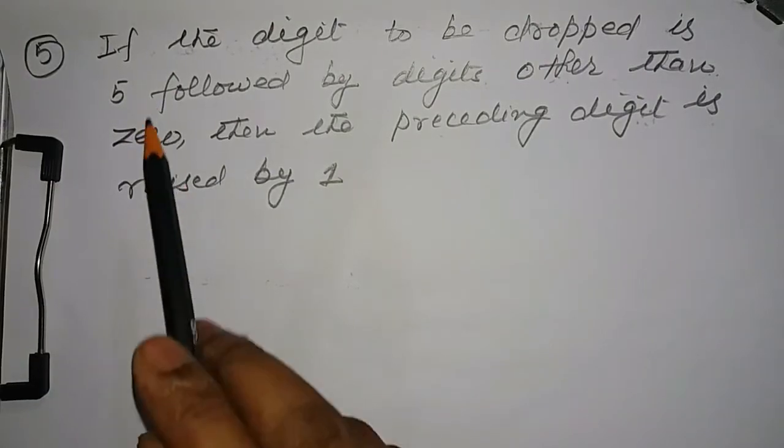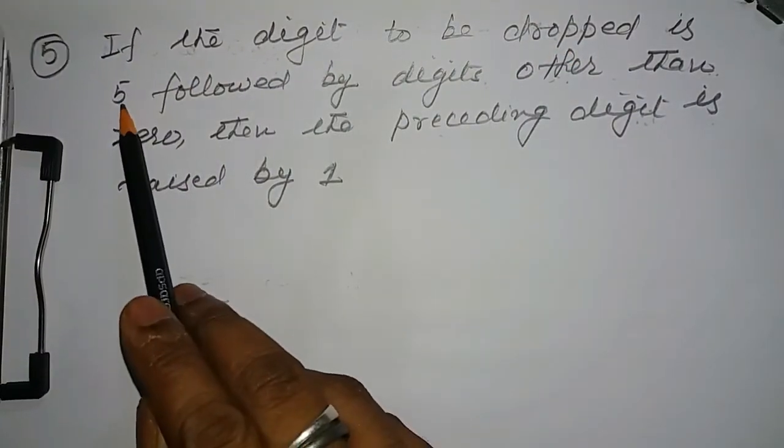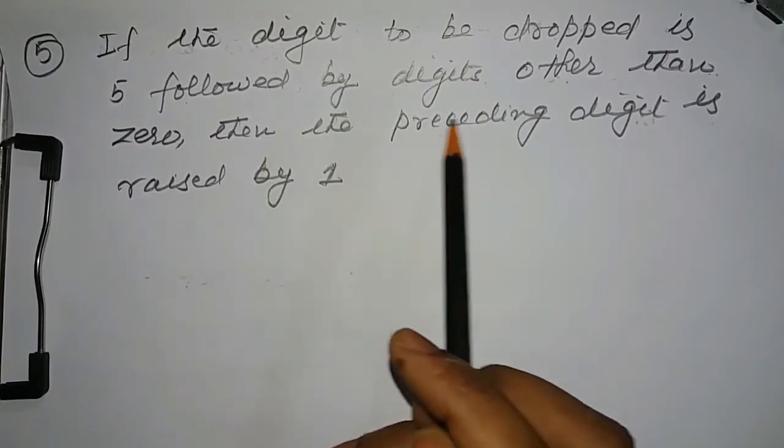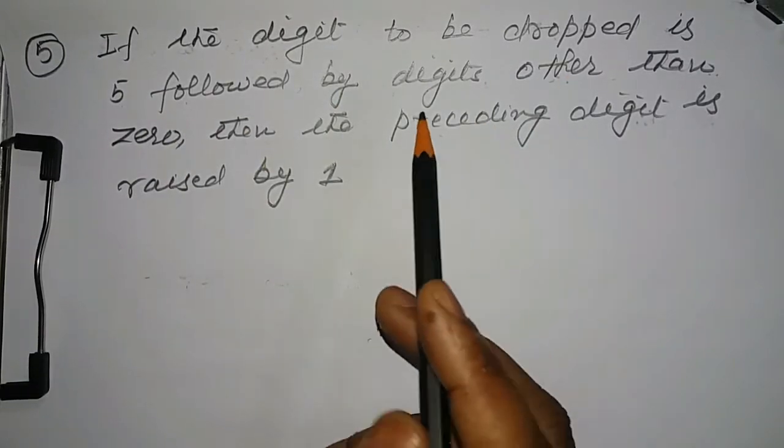Now the next one is, if the digit to be dropped is 5 followed by a digit other than 0, then the preceding digit is raised by 1.